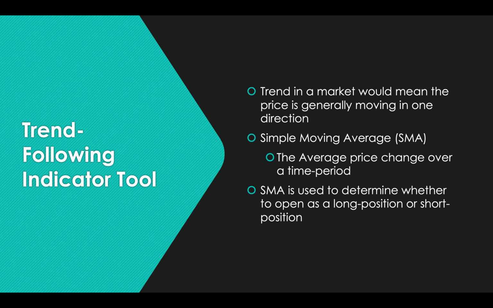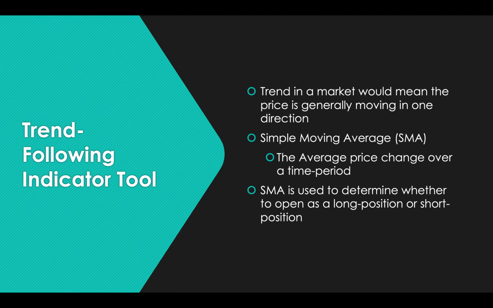So the SMA is used to determine whether or not, as a trader, I should open a long position or a short position. Again, to recap what long position and short position are. Long position is a position that becomes beneficial when the market price rises. So as a currency pair is bought, that is considered a long position.